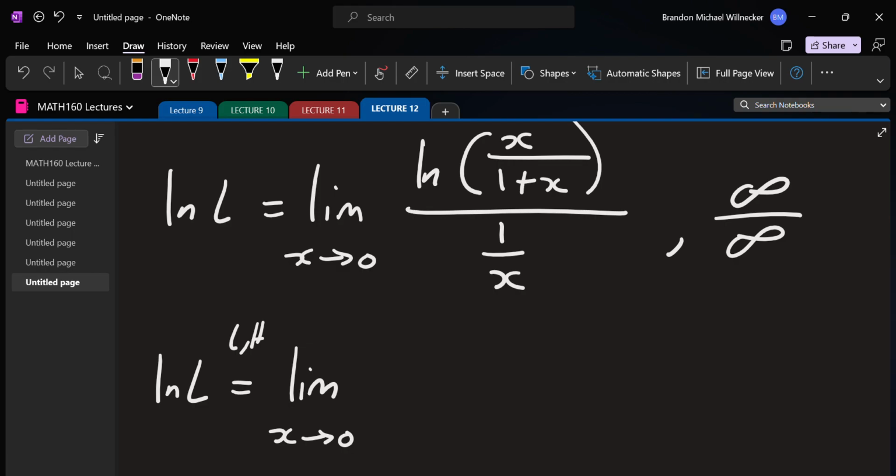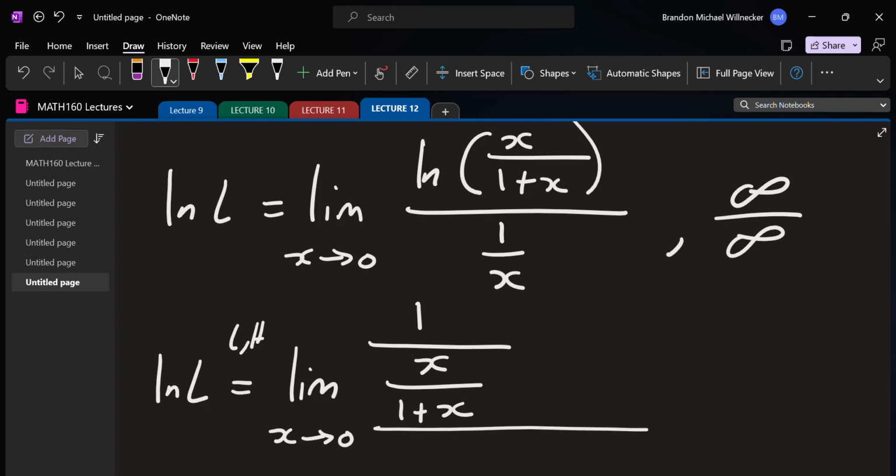Natural log of L using L'Hopital's rule is equal to the limit as x goes to 0. So we need to do the derivative of the top and the derivative of the bottom. So the derivative of the top is going to be 1 over the stuff inside. So it will be 1 over x over 1 plus x.